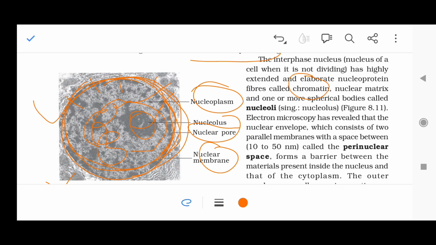Because cell division is not happening in the cell, that's why chromosomes will appear like a thread, that will be called chromatin. Nuclear matrix and one or more spherical bodies which will be called nucleoli. There is a specific spherical body which is called nucleoli.